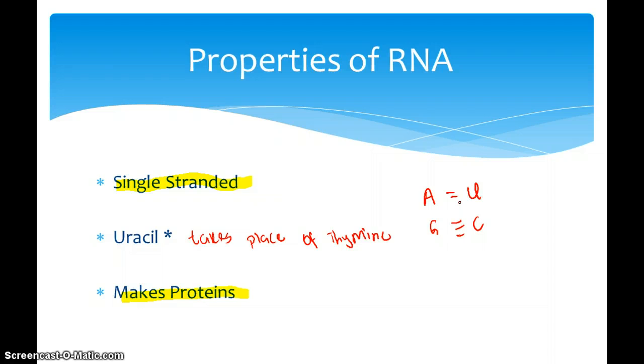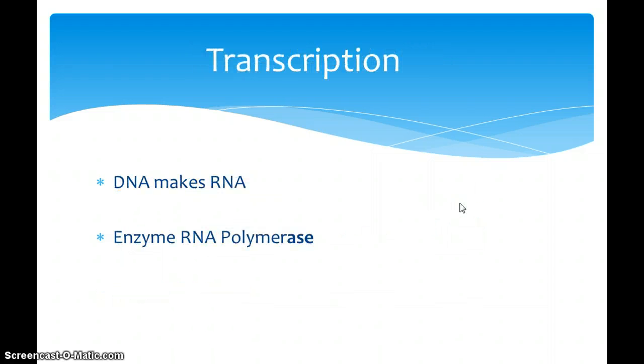And before we go on, we have to understand another thing. The process by which RNA is made is called transcription. So transcription. And what you need to understand is that DNA makes RNA. And why is this? Well, DNA contains all the genetic code.